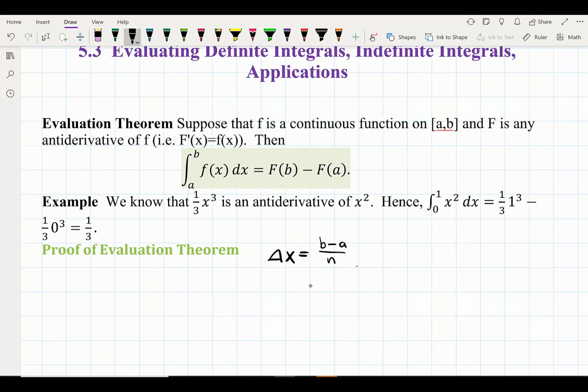And as usual, we can label the endpoints of the subintervals by indexing these x values. We start with x0, which is a. Then after that comes x1, which is a plus delta x, and then x2, and then x3, et cetera, all the way up until xn, which is equal to b.